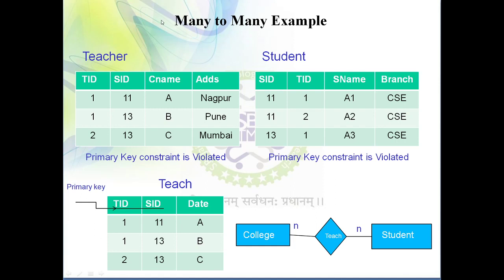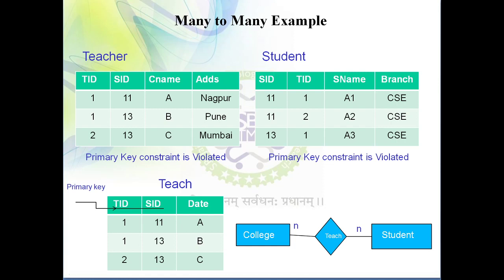Now, second chance: can we add the teacher ID attribute to the student table? Suppose student ID is 11, which is taught by teacher ID 1, and again student ID is 11, taught by teacher ID 2. In this case also you observe, what is the primary key for the student table?